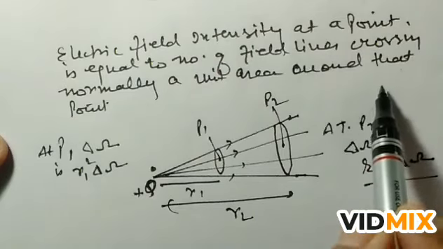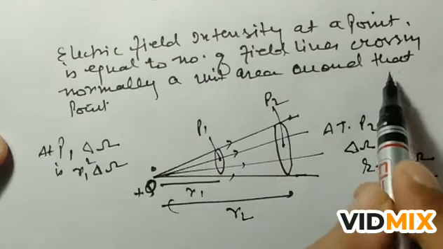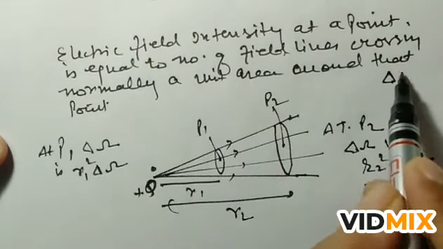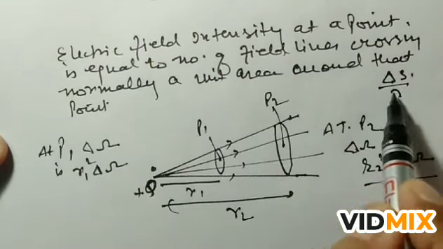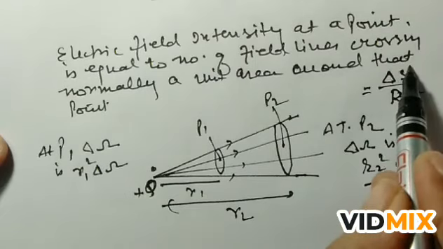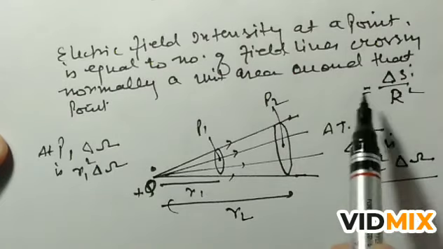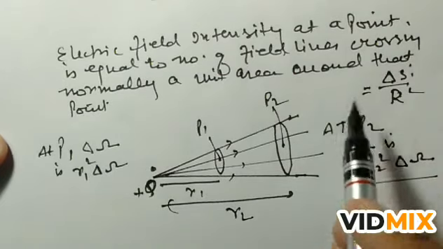Now everyone knows what a solid angle is. Solid angle is delta S upon R square, where delta S is the area of that portion of a sphere and R is the radius of the sphere.